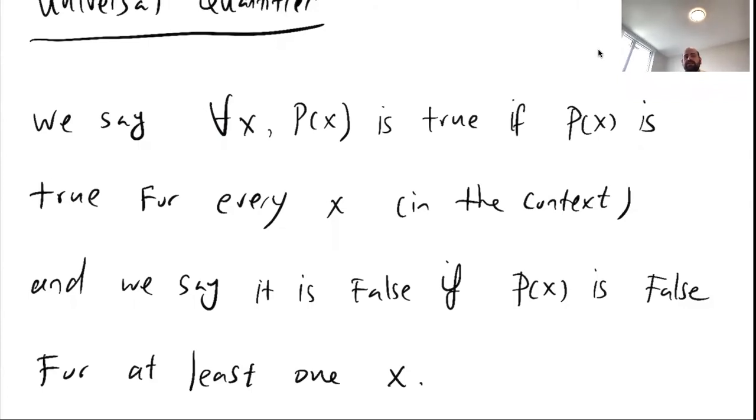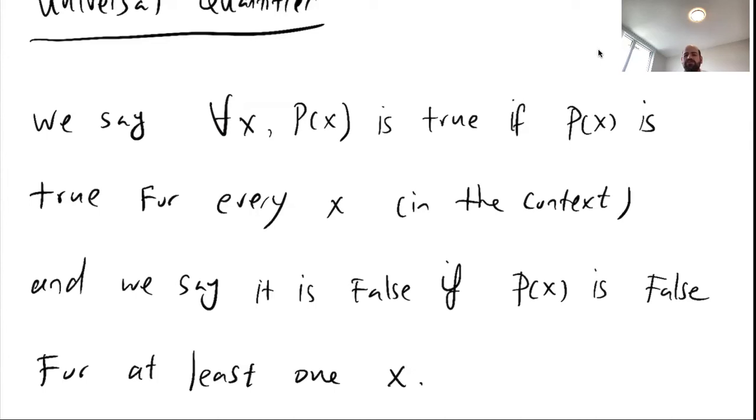In the case of numbers, normally we can assume that x is a real number, or if x is a person, it comes from the set of, let's say, people in the world, right? So there is normally a set, usually called the domain, where x is chosen from that domain. And now if for every x in that domain, p of x is true, then we can say for each x, p of x is true.